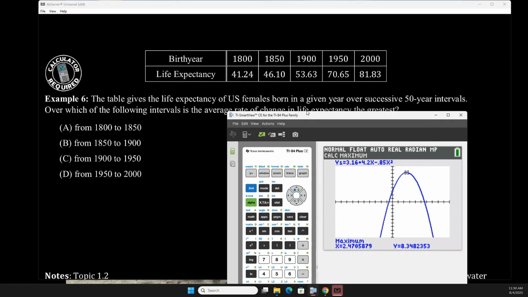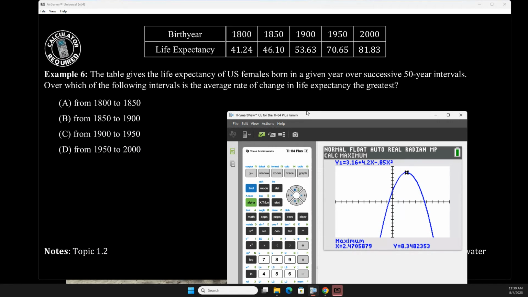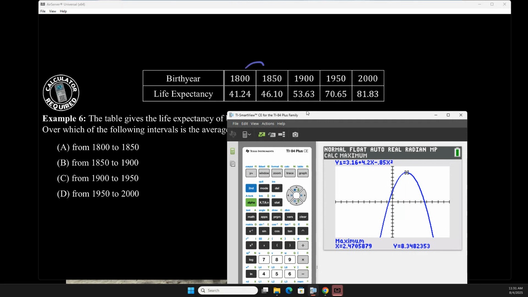All right, the next one. This example gives the life expectancy of U.S. females born in a given year over successive 50-year intervals. Over which of the following intervals is the average rate of change in life expectancy the greatest? These are all increasing by 50.